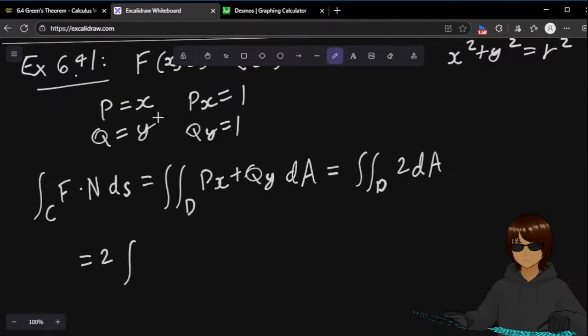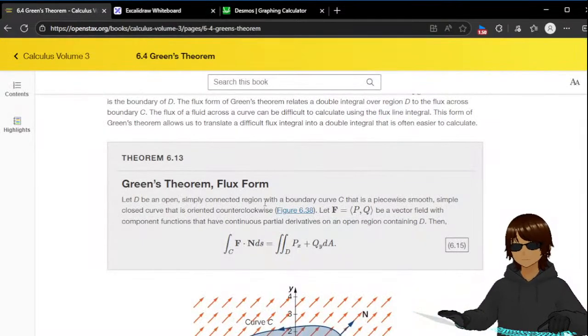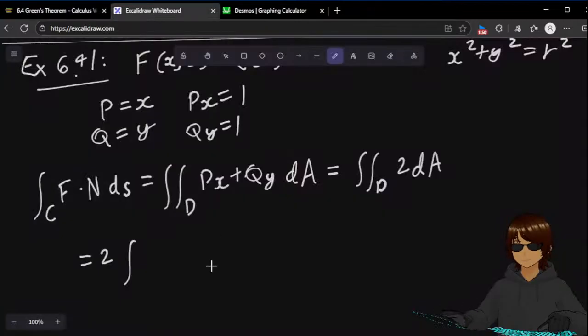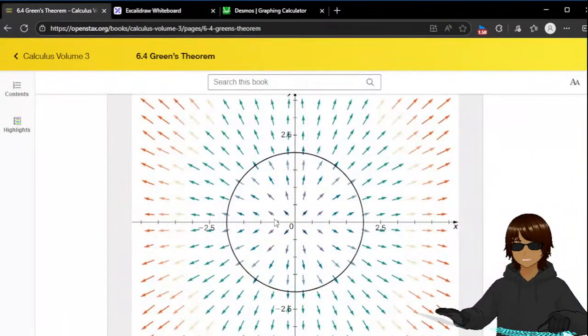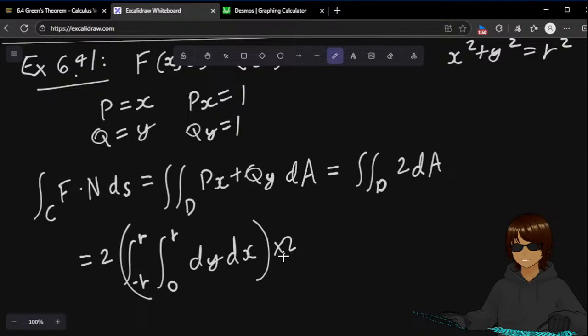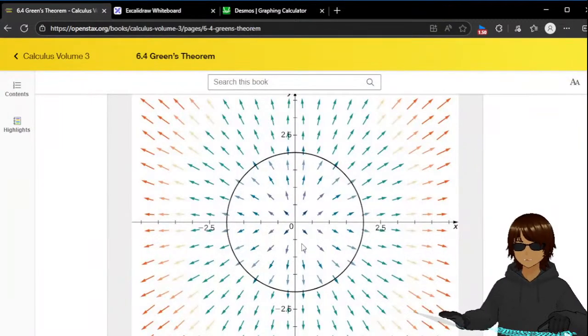But here's the thing, how do we separate the x and y? So x goes from minus r to r, and then y goes from 0 to r, dy, dx. And then we need the double of this, times 2, because we need the entire area.